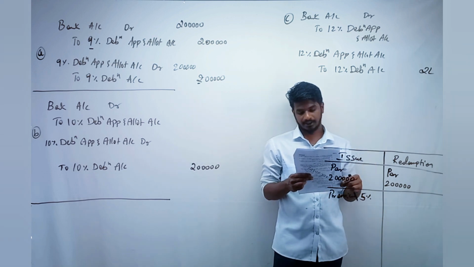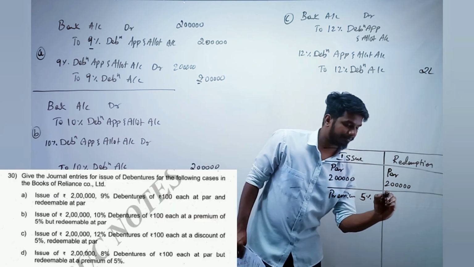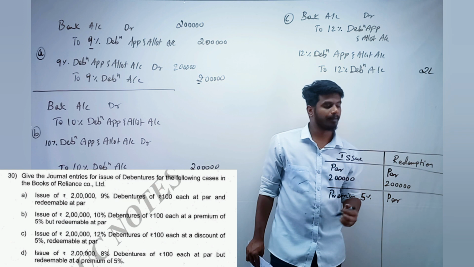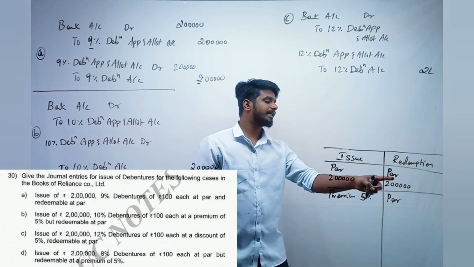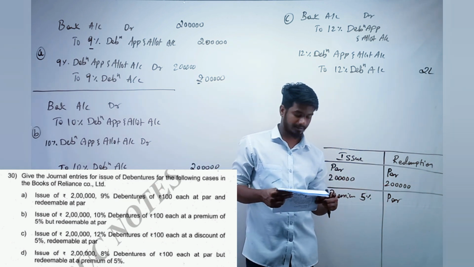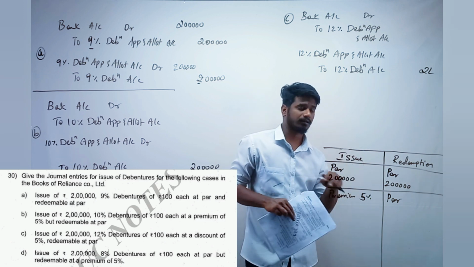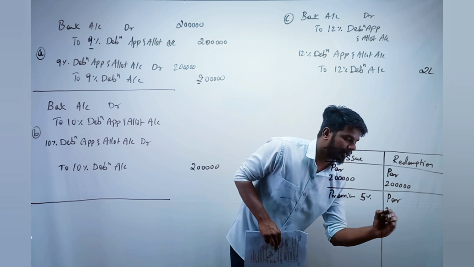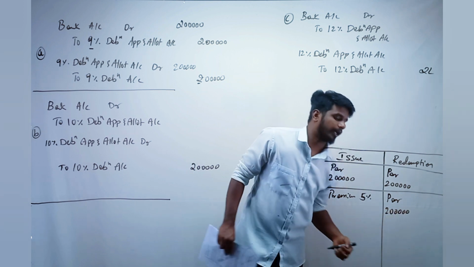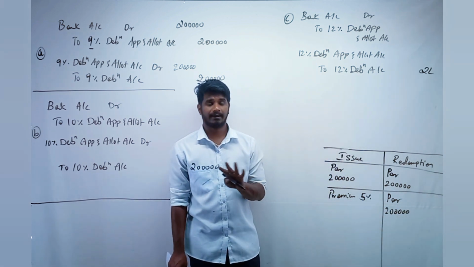Right, then next, redeemable at par. Here par means 2 lakh, the amounts are all same, just write par equals 2 lakh, this side 2 lakh, that's it.